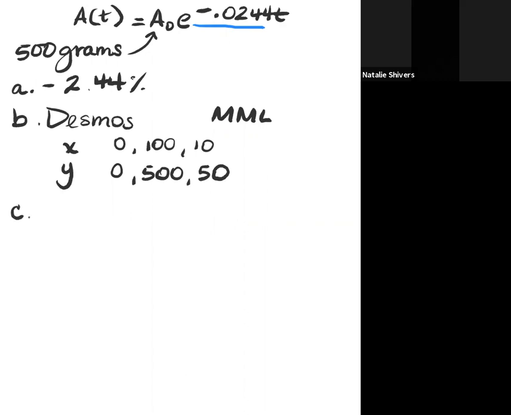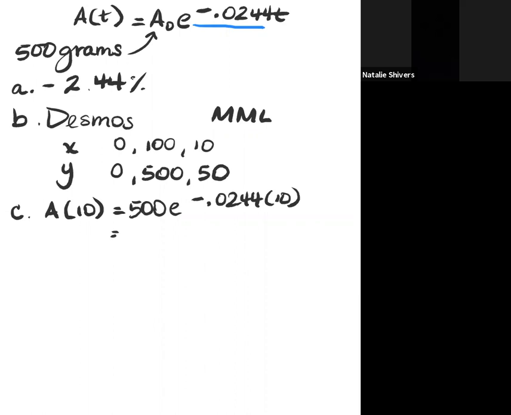C asks how much strontium-90 is left after 10 years. So you're going to plug in 10. A of 10 equals, nope, not 10, is 500 e to the negative 0.0244 times 10.